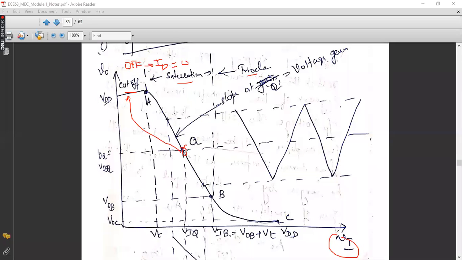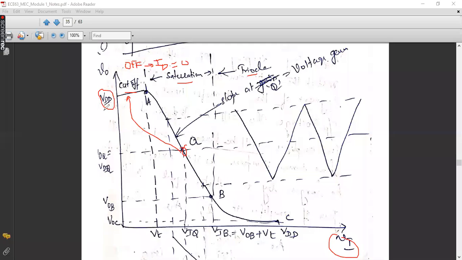Clear? Again, I'm repeating. If we are fixing the Q point in the cutoff region, it means that the switch works as an off switch or an open switch. Open switch indicates that the current conduction through the switch is zero. The current flow is zero and the output voltage is maximum, which is equal to VDD, that is your supply voltage.